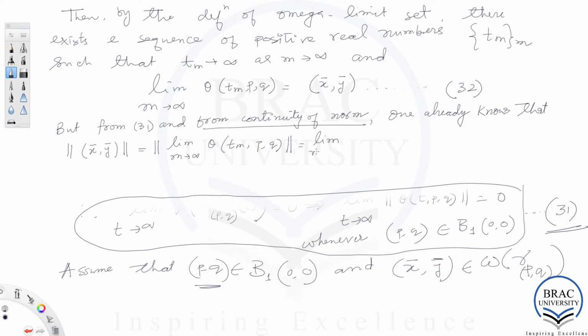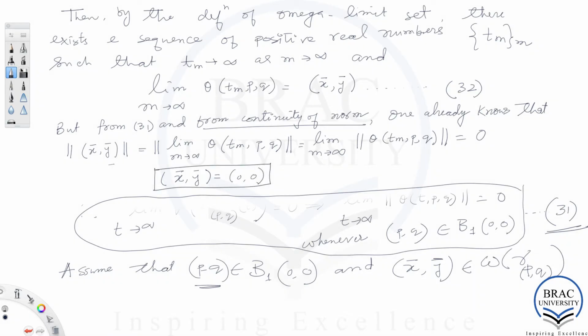I'm taking this limit outside of the norm using the continuity of norm, and from 31 we know that this is 0, right? So we have been able to prove that the norm of this vector is 0, and we know from the property of norm that the only vector that has norm 0 is the 0 vector. So which proves that this vector x bar y bar is the 0 vector.